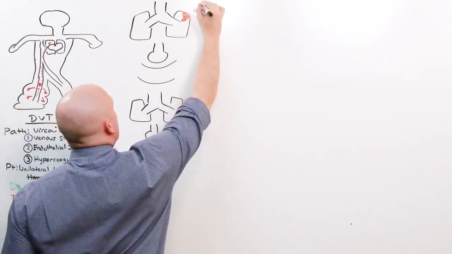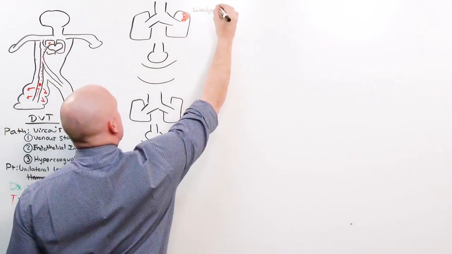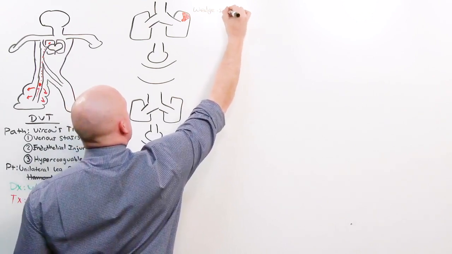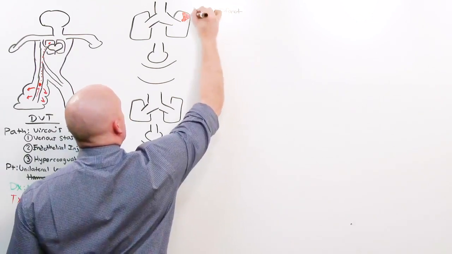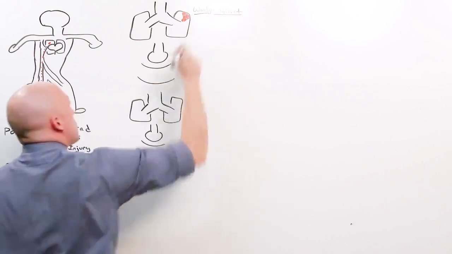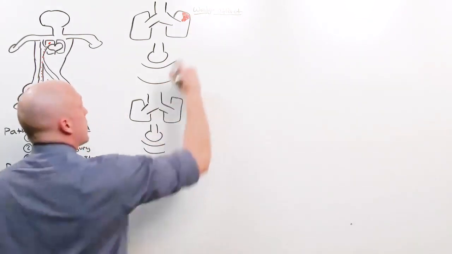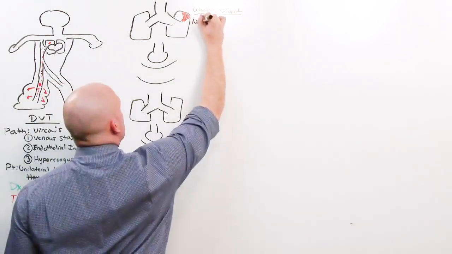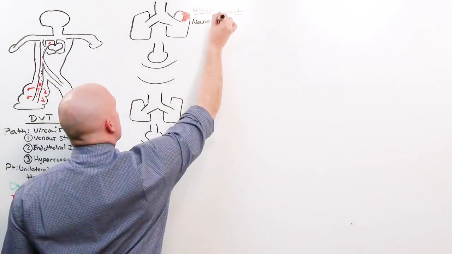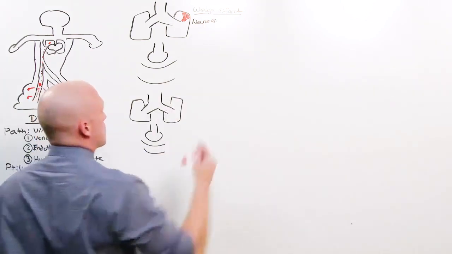Now, the pulmonary system has dual blood supply, so it's hard to cause a wedge infarct. But if you get one, what you'll find is that the necrosis, the dead lung, leads to hemoptysis.